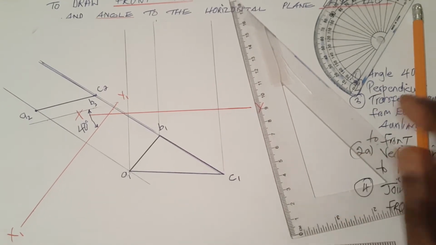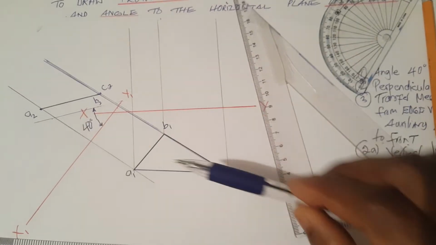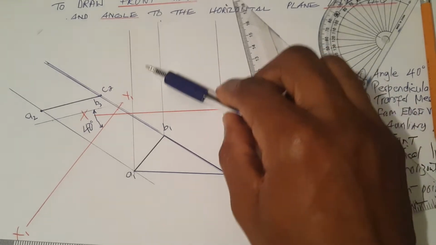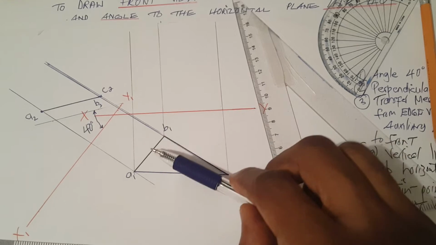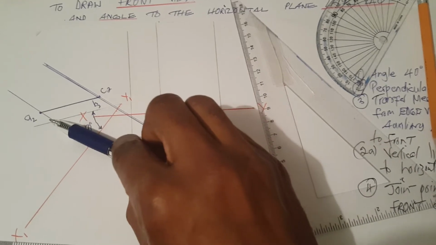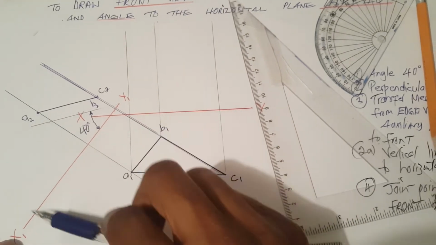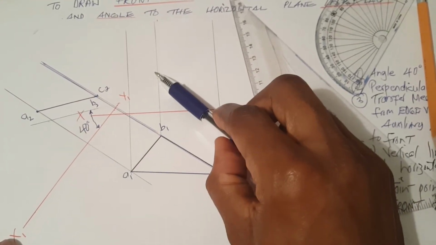Then my next step is to step off two views. Currently, I'm working on the front elevation, so I would transfer the measurements from my X2, Y2 to A2 onto my front.